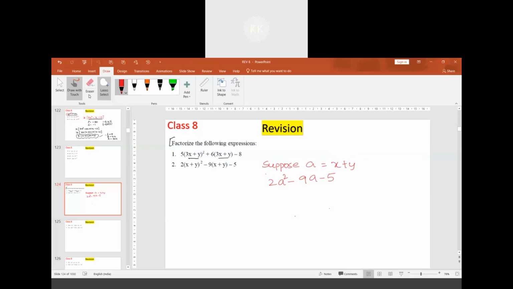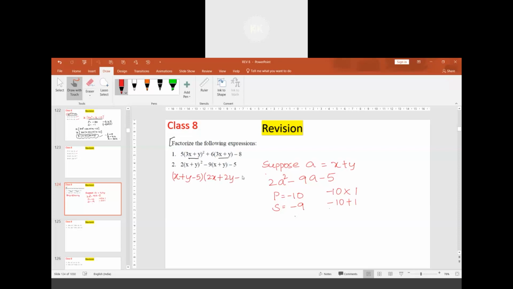The product in this case is a minus 5 into a minus 1, negative 10. The product is minus 10 and the sum is plus 1. So the answer is x plus y minus 5 multiplied by 2x plus 2y minus 1.